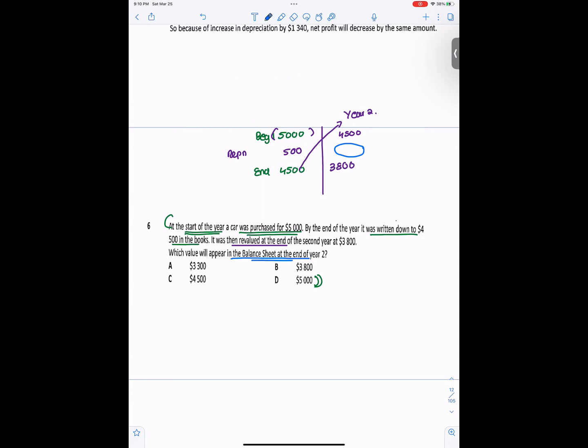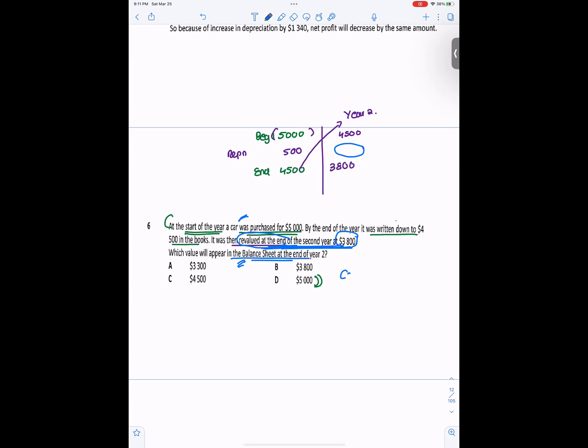It was revalued at the end of the second year. At the end of year 2, this same car was revalued at how much? 3,800. So in the balance sheet, what do you write?